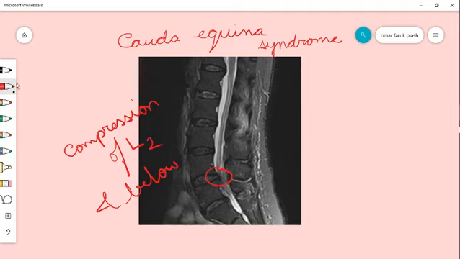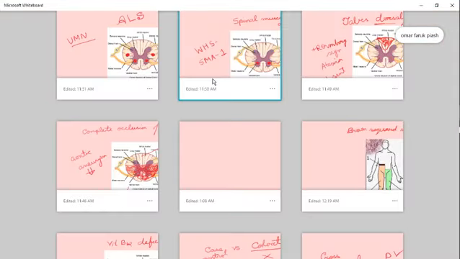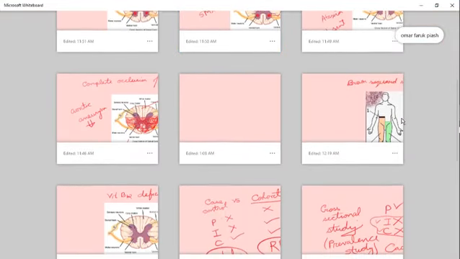So emergency surgery and steroid is the treatment of choice.